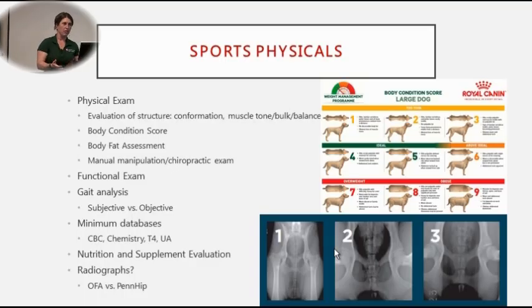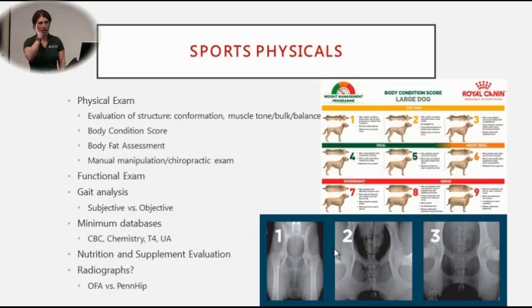And another cool thing about doing these functional exam tests is you can do all of this before you even put your hands on the dog. So the dog's just getting comfortable being around you, being in the room, before you even put your hands on them. Gait analysis, always at least do a subjective gait analysis for these guys.